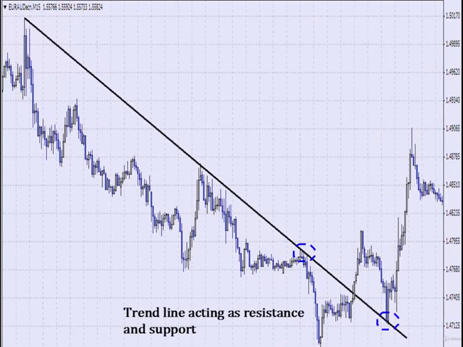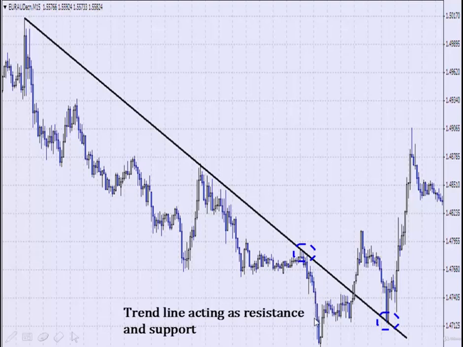And here is an example of a trend line acting as resistance and support. Here we have tweezer tops at the trend line. As you can see, tweezer tops at the trend line, and the market began to fall.